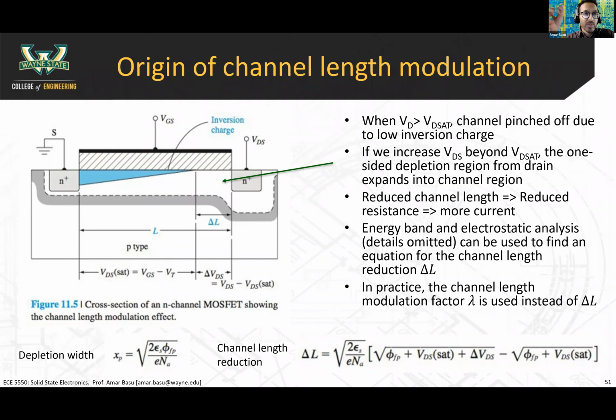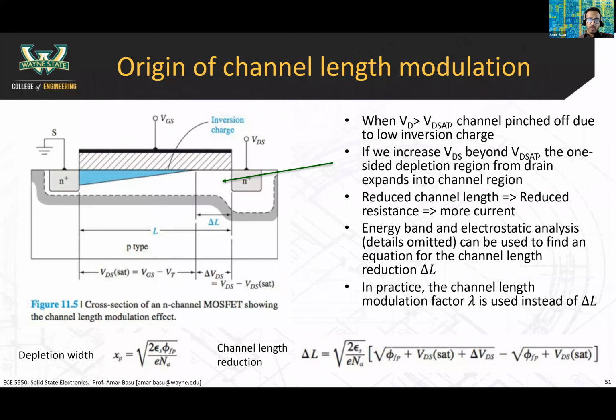Resistance is rho times L divided by A. So when you apply VDS, this delta L becomes larger, this length becomes smaller, and this length is what determines the resistance of the device, so you end up getting a larger resistance.